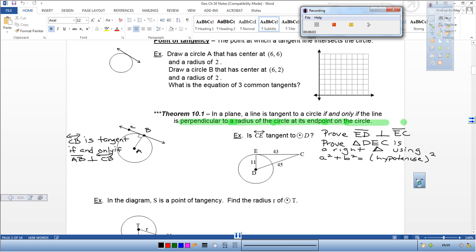Any questions about that? Okay. So in this, can someone raise their hand and tell me what the hypotenuse is in that triangle? Yep. 40 what? Not 43. Has to be opposite. This should be the right angle. Yeah? 45, or segment BC, should be the hypotenuse, because it's opposite the right angle.